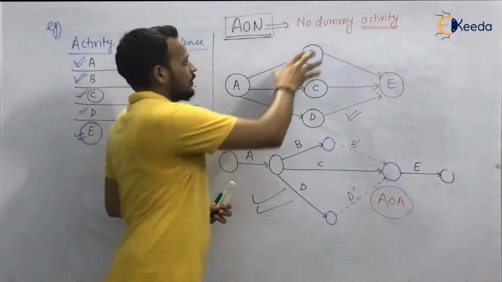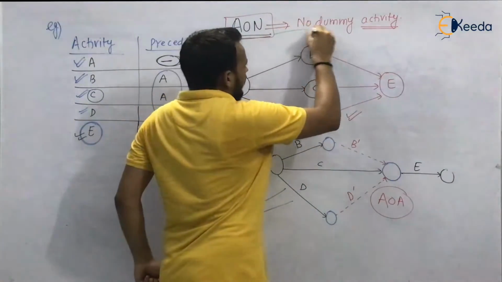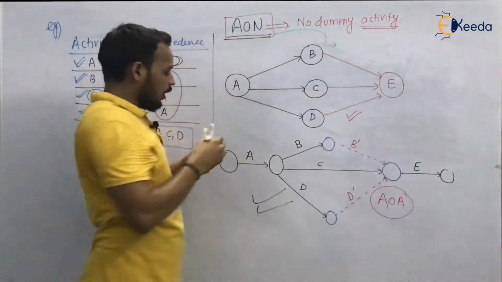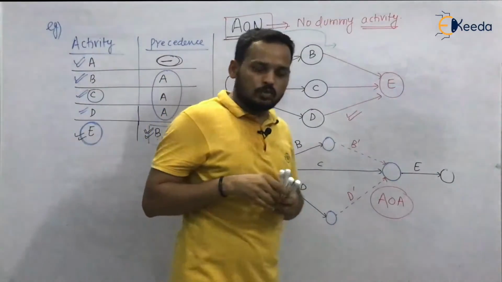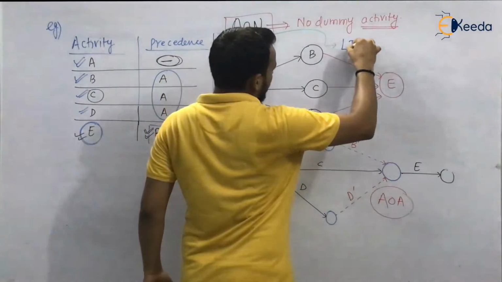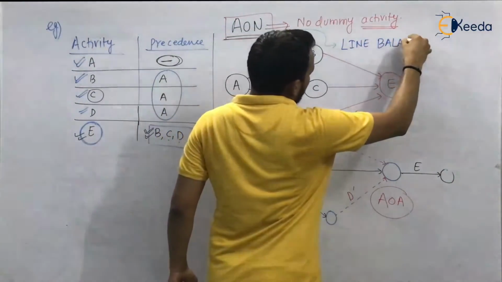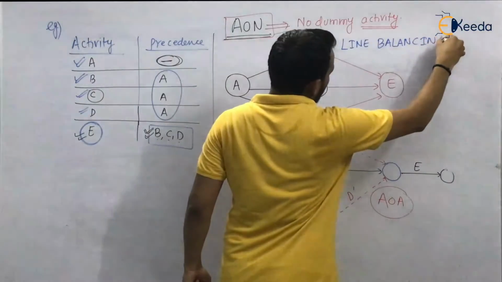Okay. So no dummy activity is used, and I have already told you that this AON network diagram is not frequently used in PERT and CPM. Most commonly it is used in line balancing, which is one of the chapters of industrial engineering. I will teach you this chapter also.